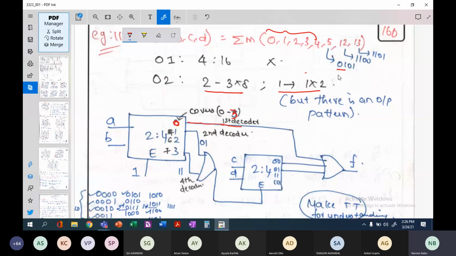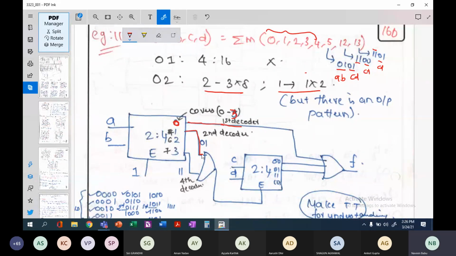So these two correspond to AB inputs, which means 1 1 also corresponds to AB inputs. 0 1 corresponds to CD inputs. So here 4 in the second decoder corresponds to 0 1 0 1, right?